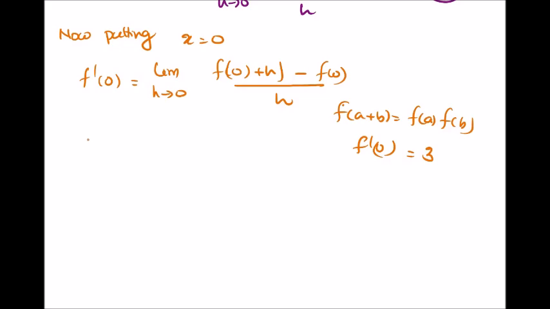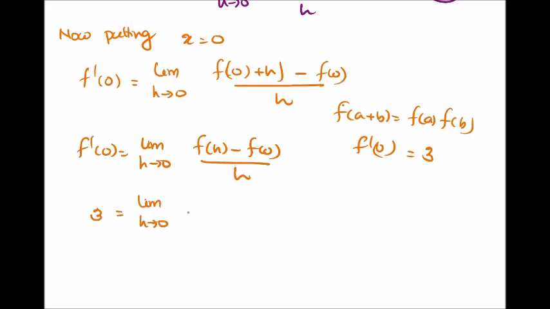This we can write as f dash of 0 is equal to limit h tends to 0 f of h minus f of 0 divided by h. Here put f dash 0 is equal to 3. That is 3 is equal to limit h tends to 0 f of h minus f of 0 divided by h. This is marked as equation 2.